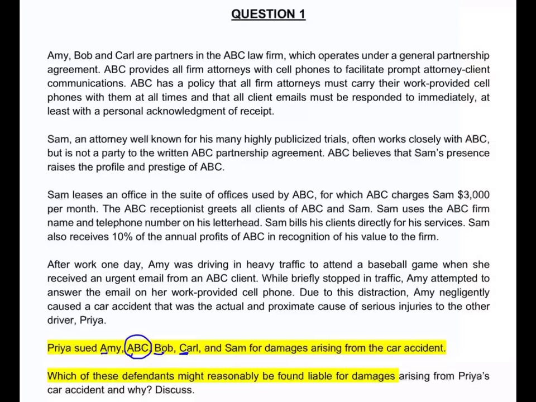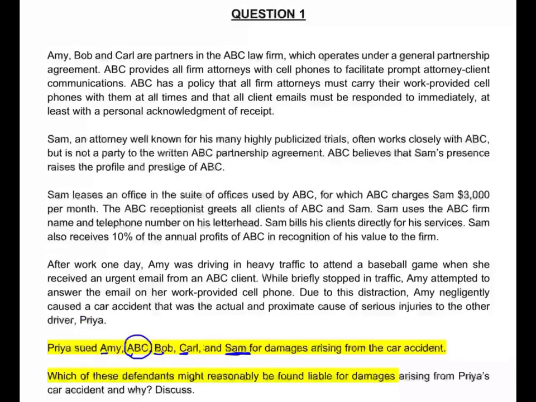If you look at that call and you've worked enough fact patterns in the past, you know that this has to be a business entity, most likely a partnership. A, B, and C look like principals in this business, probably partners. But then we have a fourth person, Sam. And the big factual issue here is going to be whether Sam is also considered part of the business enterprise for liability purposes.